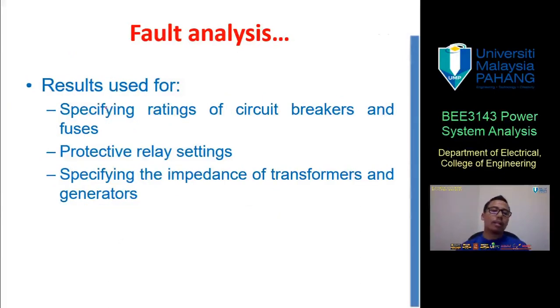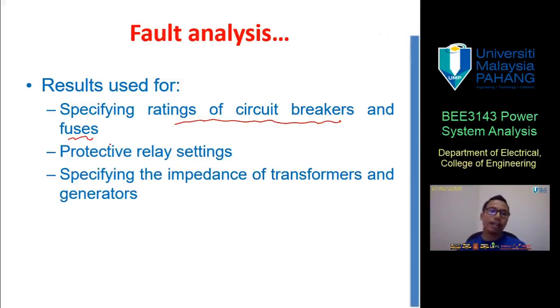Why are the results of the analysis very crucial? Basically, they are used for specifying ratings of circuit breakers and fuses. Of course, there is some calculation, maybe at the end of this chapter, so you may still wonder what the relation is with the circuit breakers. What we are going to learn now is just apart from that.